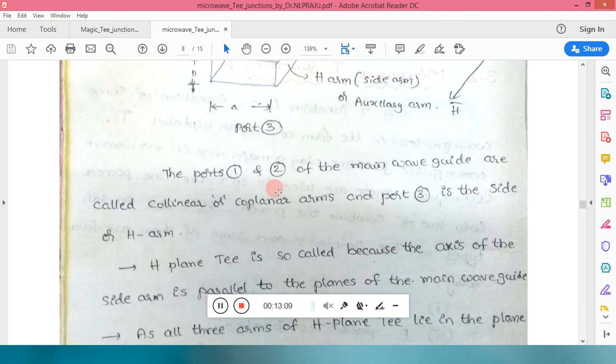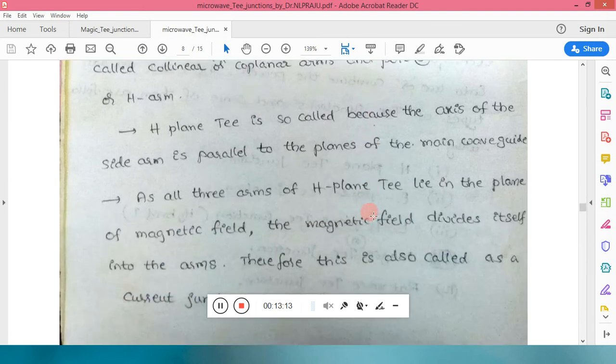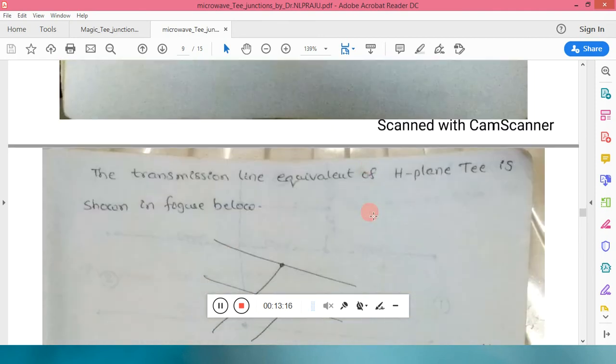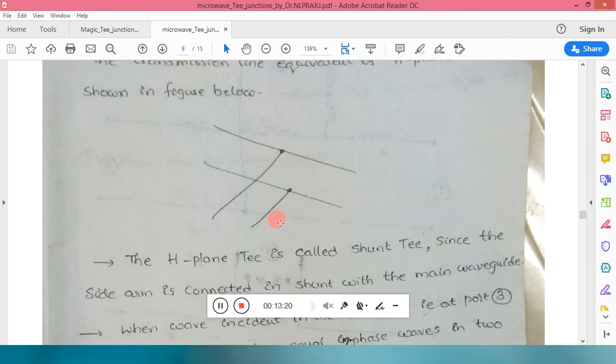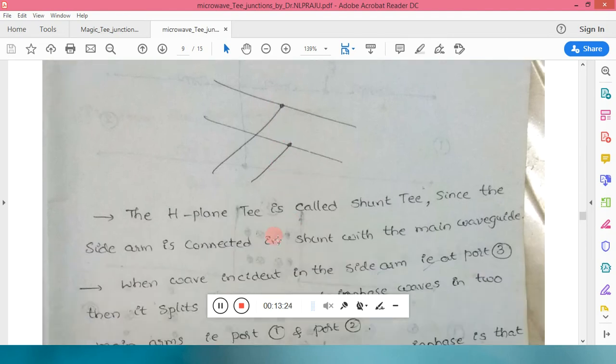Here port 1 and port 2 are the main waveguide arms. Now the transmission line equivalent of the H-plane junction is like this. This is a shunt T. It looks like a shunt T, where the side arm is connected in shunt with the main waveguide.